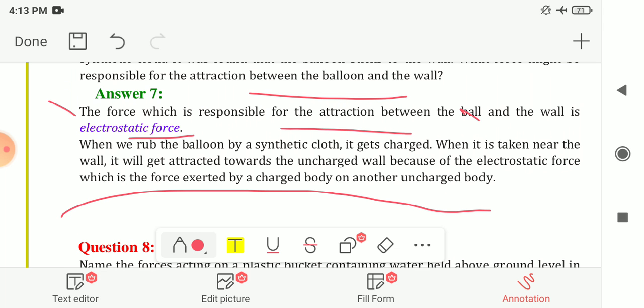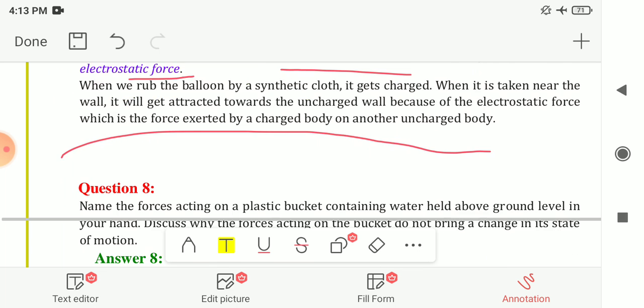So when we rub the balloon, it gets charged, and while bringing this balloon near the wall, this charged balloon will attract the uncharged wall. So that's why there is attraction between these two objects, the balloon and the wall, because of the electrostatic force. Next is question number 8.